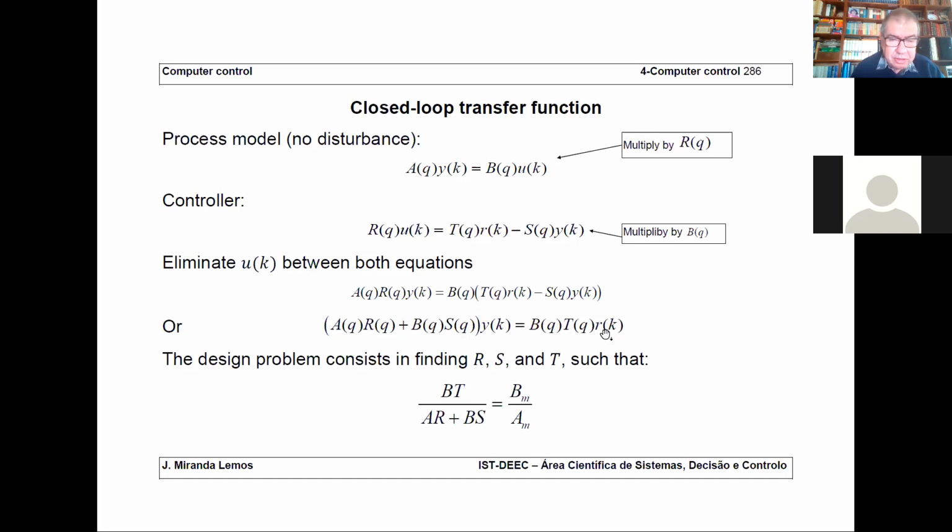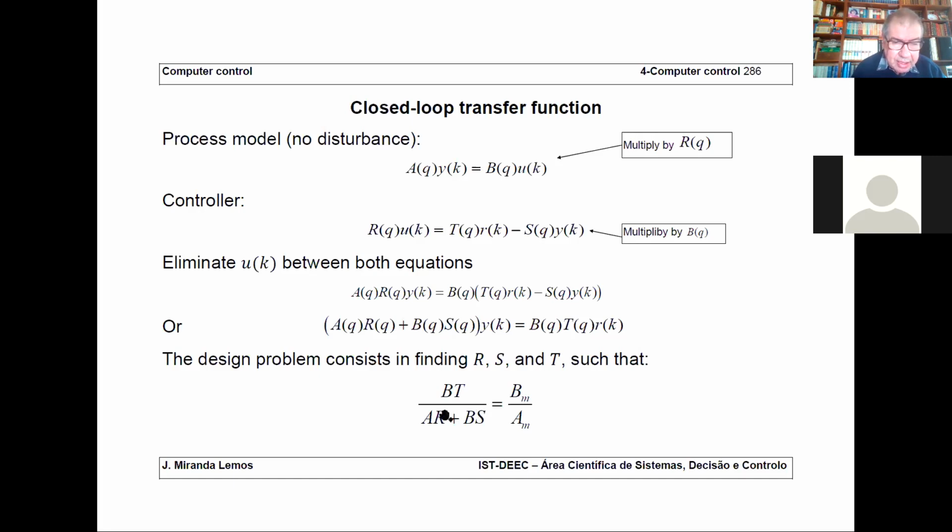This is the closed loop transfer function in terms of r, s, and t. Now, the second thing I did in this slide is I want this transfer function, bt divided by ar plus bs, to be what I have specified. So I equate this. And this is an equation. It's a funny equation because you have polynomials here, but this is an equation, and we are going to learn how to solve it. It is satisfied by r, s, and t. Is it clear now?